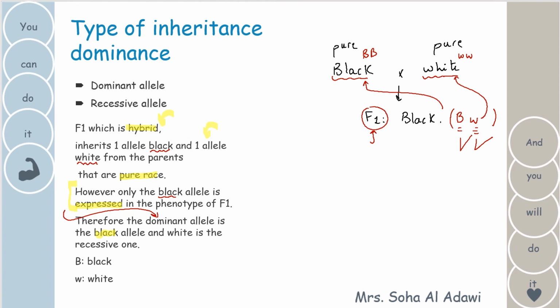And once you write, you specify which is the dominant and which is the recessive, make sure to write down your symbol. The dominant allele is represented by a capital letter, the recessive allele is represented by a small letter, and from now on until you finish this exercise you are not allowed to use other symbols. Okay?